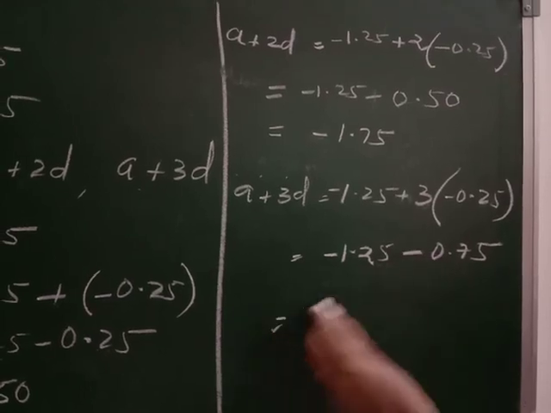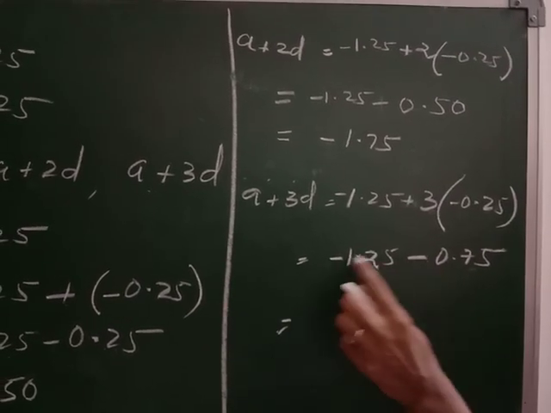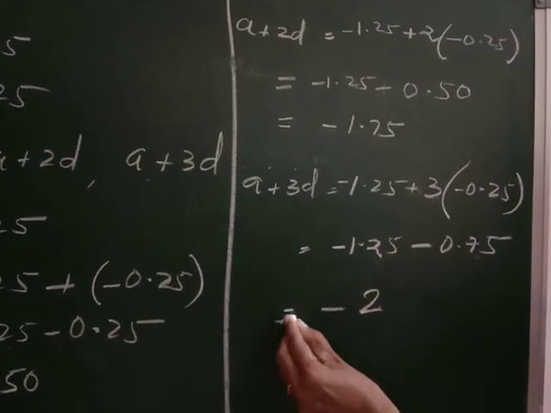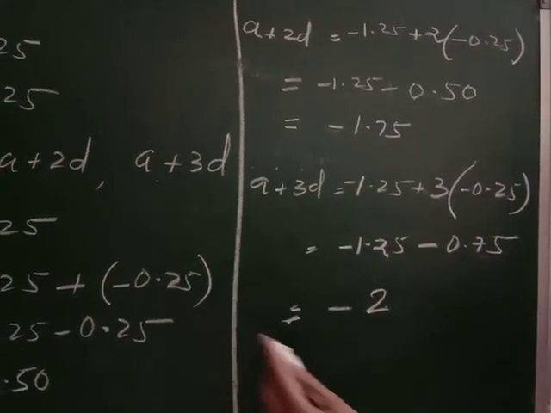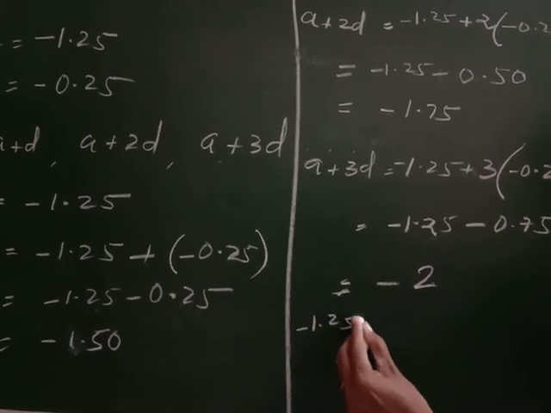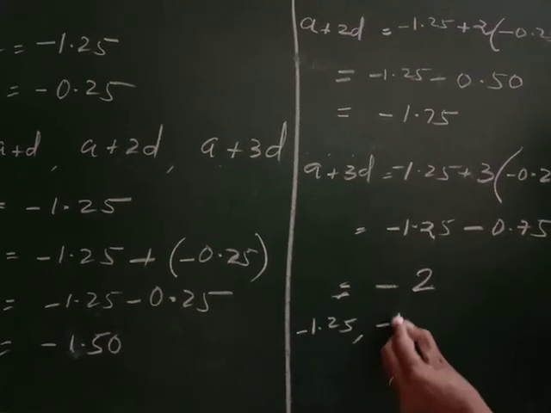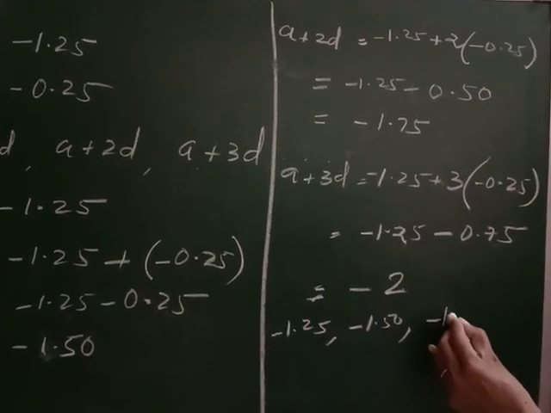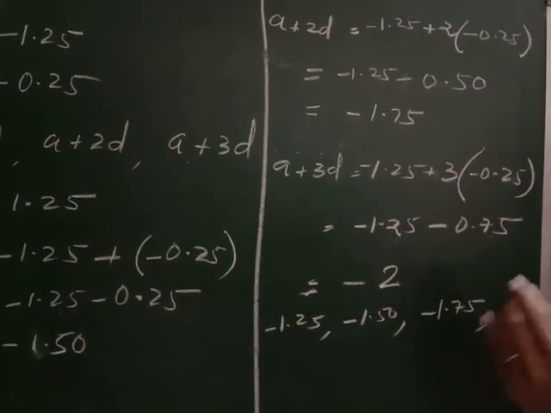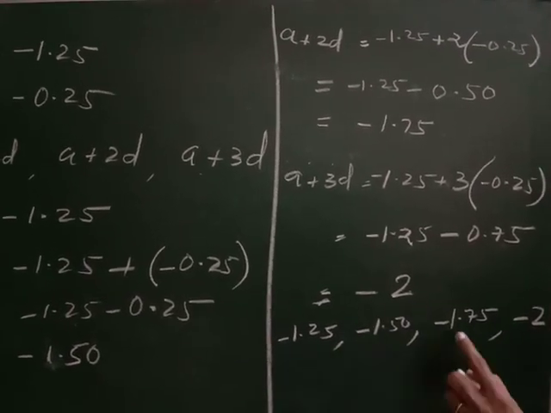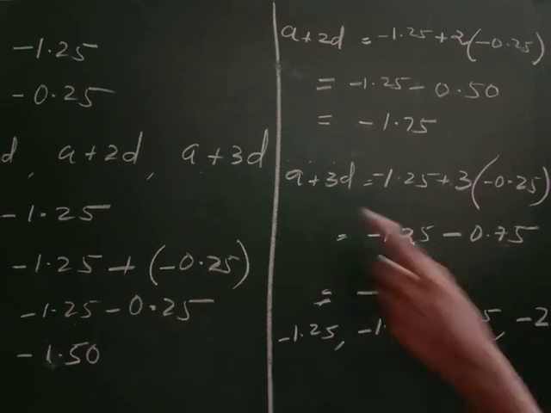So if I do the addition of these two, both are negative, so I will do the addition. I will get minus 2. So what are the four terms? The first term is minus 1.25. The second term is minus 1.50. The third term is minus 1.75. And the fourth term is minus 2. So these are the first four terms of question number 5.